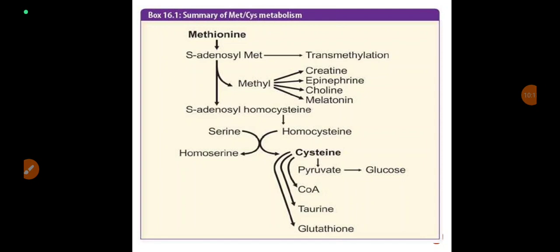This S-adenosyl homocysteine, after releasing the adenosine group, becomes homocysteine. Homocysteine condenses with serine to release homoserine and cysteine. Cysteine by degradation gives you pyruvate, coenzyme A, taurine, glutathione. Pyruvate enters the gluconeogenesis pathway to generate glucose.